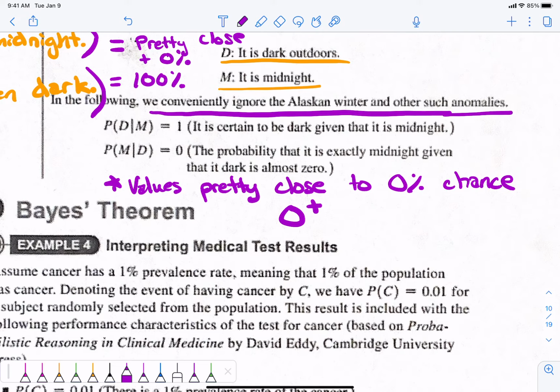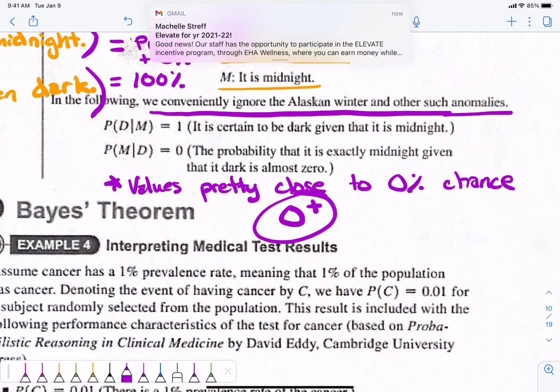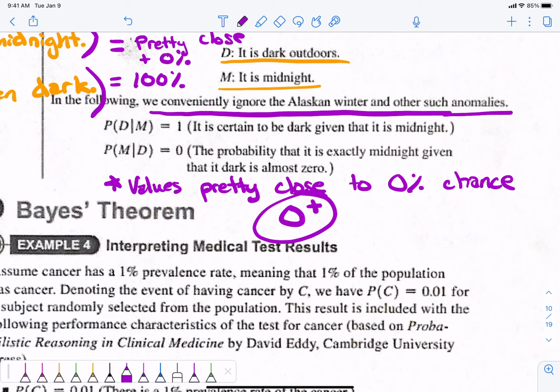It's not impossible, but it's going to be a 0 plus chance, like 0.000000001 maybe. It's not 0 because it could happen, but it's 0 plus. They write that as 0 plus because it's such a small number that we don't care anyway, but it's not 0 exactly.